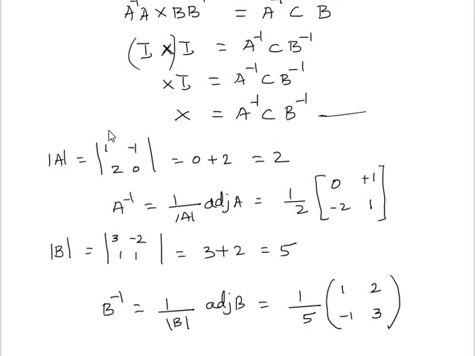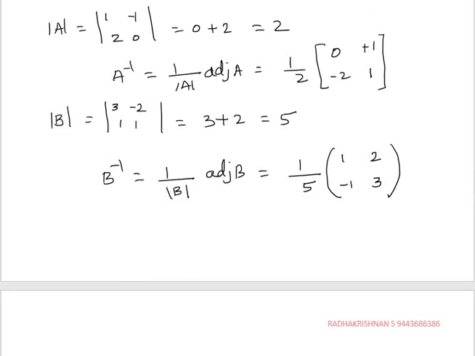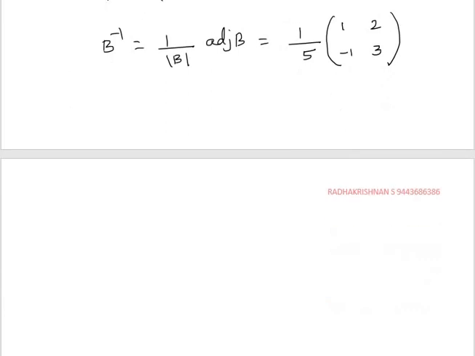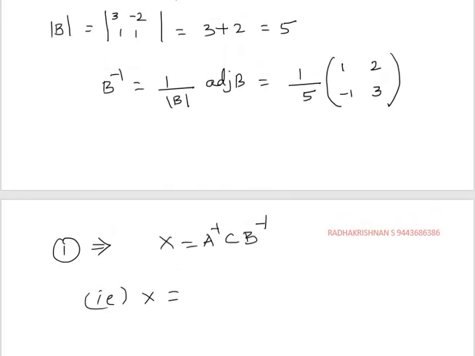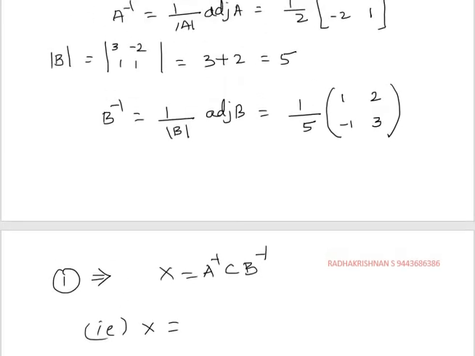Suppose if I take this is equation number 1. இதை 1 அப்படின்னு assume பண்ணிட்டோம் அப்படின்னாக்க, then I can substitute in 1. அப்போ equation 1, what is equation 1? Equation 1 is x equal to A inverse CB inverse. That is x equal to A inverse. It's ready. Understood? ஏற்கனவே நம்ம கண்டுபிடிச்சிருக்கோம். What is A inverse? A inverse is 1 by 2.